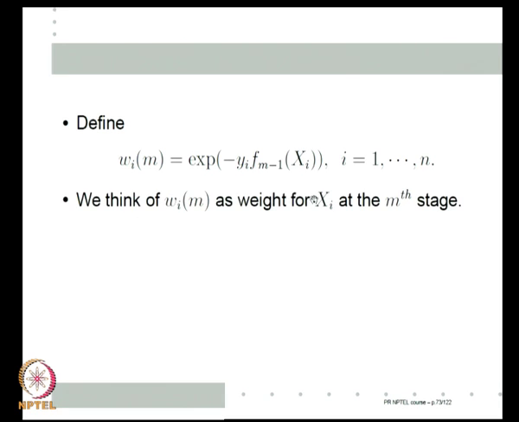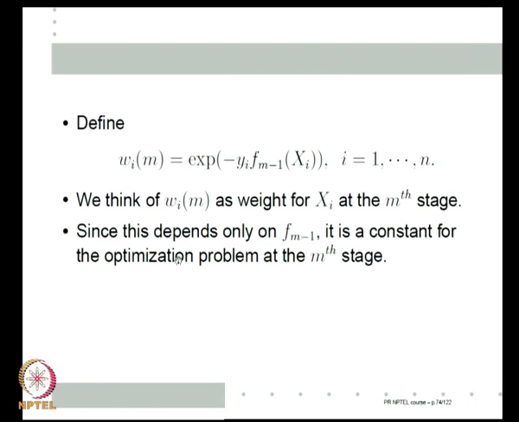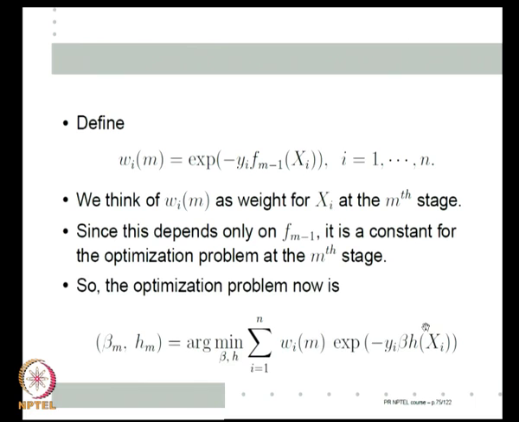We can think of w_i^m essentially as the weight for x_i at stage m. We will ultimately show that these are the weights that AdaBoost is actually using. Since this depends only on f_{m-1}, it is a constant for the optimization problem at the mth stage. It does not affect the optimization problem at the mth stage.